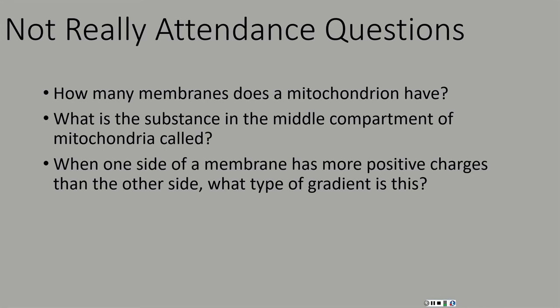And let's see if you got these correct. How many membranes does a mitochondrion have? Mitochondria have two membranes, an outer and an inner. We talked about some differences in those two membranes, which are going to be a little important today. So go back and listen to that part of Chapter 3 lecture if you don't remember that.